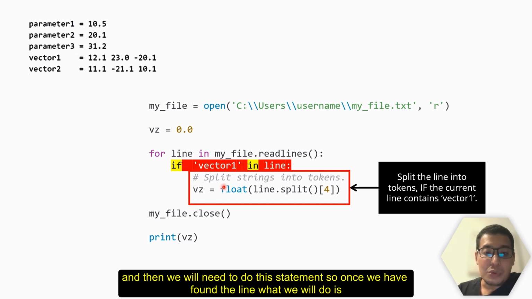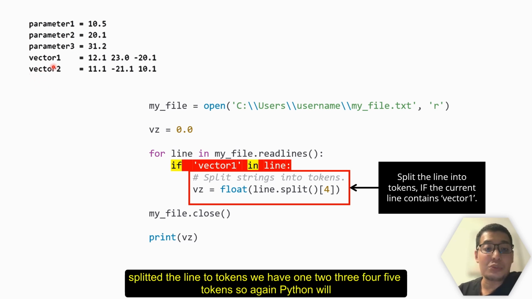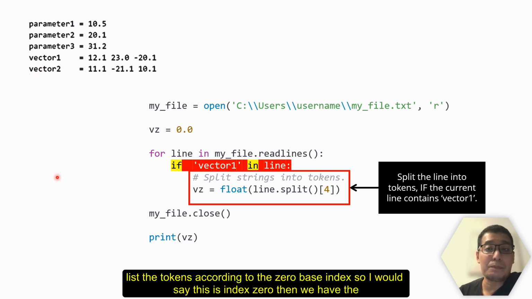Once we have found the line, we need to split the line into tokens. Once we have split the line into tokens, we have 1, 2, 3, 4, 5 tokens. Again, Python will list the tokens according to the zero-based index.